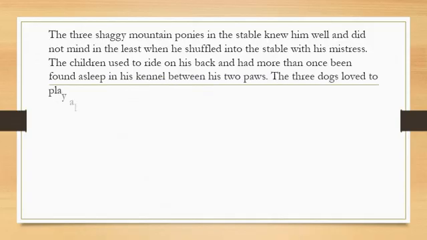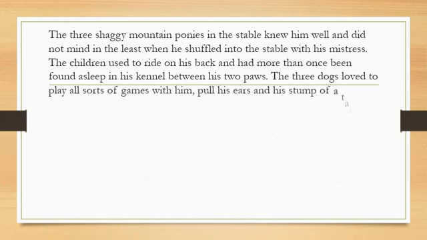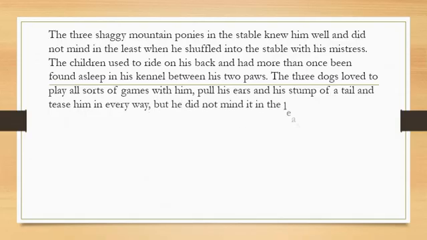The three dogs loved to play all sorts of games with him, pull his ears and his stumps of a tail and tease him in every way, but he did not mind it in the least.